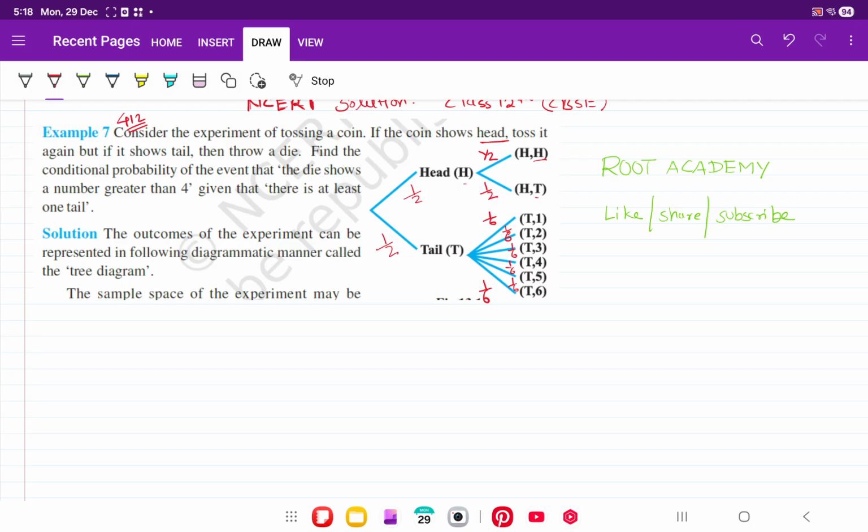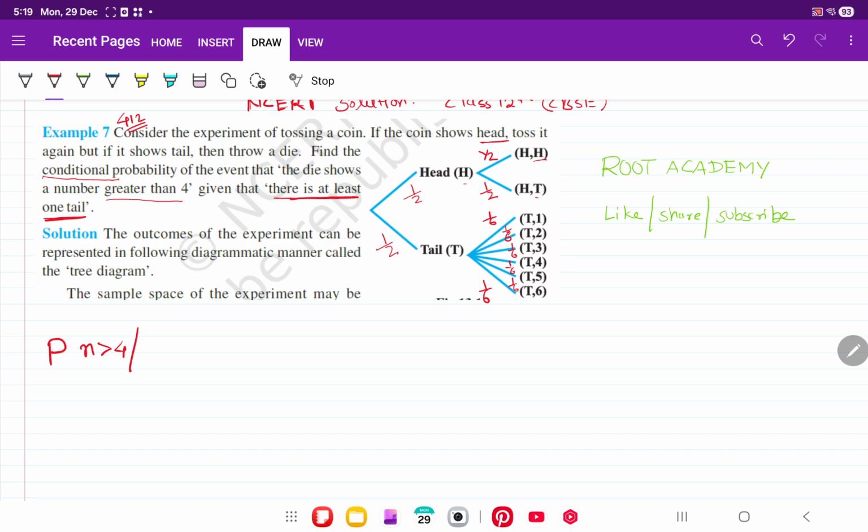Then they are saying, find the conditional probability. The one condition applied is that the die shows a number greater than 4. So you have to find the probability that the number is greater than 4. On what is the condition? The condition given is at least one tail.